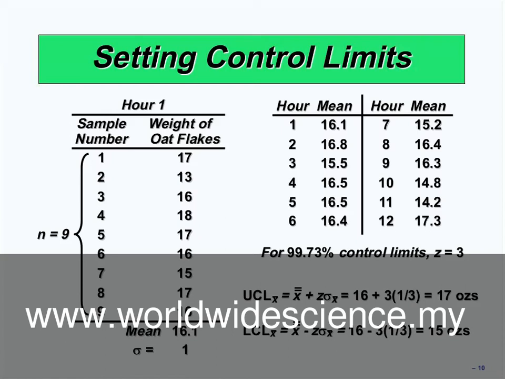For hour 2 also, we did the same. The operation manager selected 9 cups, took them to the laboratory, measured the weight, and summed the 9 numbers and divided by 9. In hour 2, the result was 16.8.